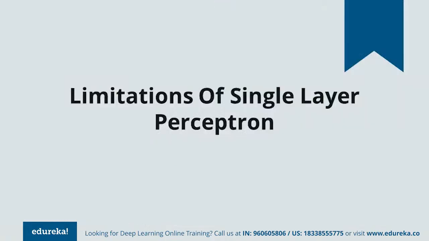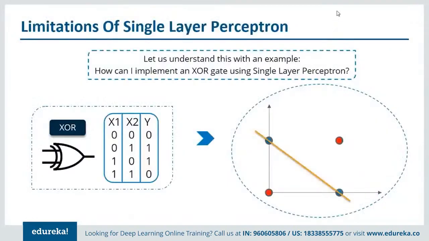So now there are certain limitations of the single layer perceptron. Let us understand that with an example: how can we implement an XOR gate using a single layer perceptron? Let us see if we can do that or not. We have an XOR gate here, and this is the truth table. According to this truth table, if any one of the inputs is high, then the output is high.